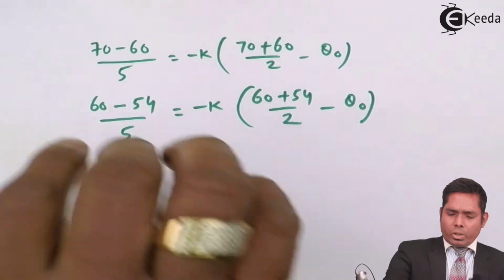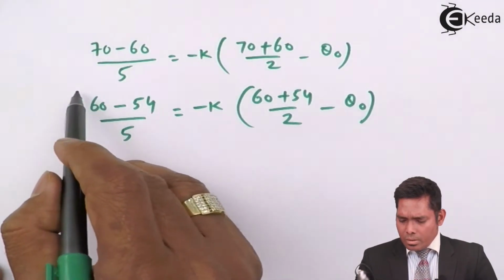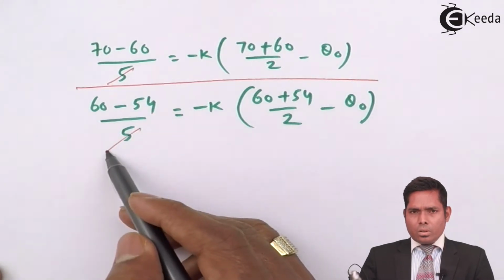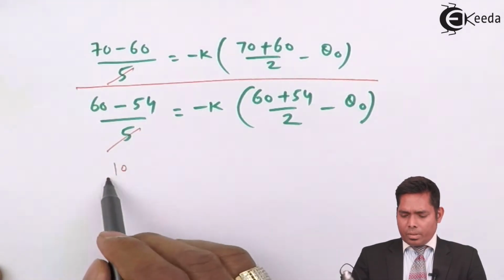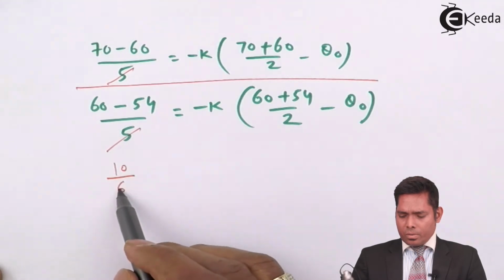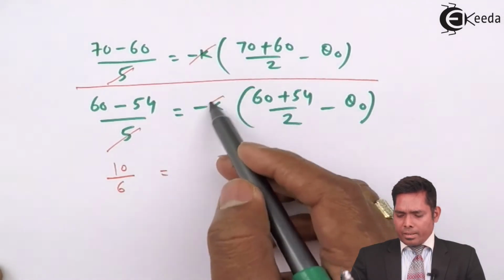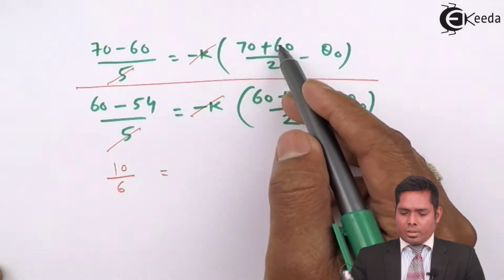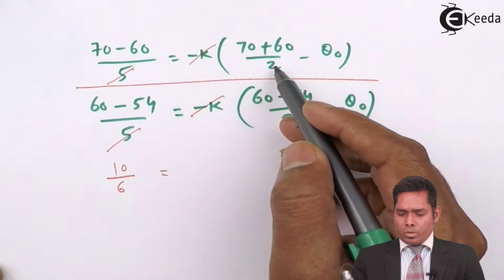If I divide these two equations, this 5 will cancel out. From here it is 10, from here it is 6. This minus will cancel. This will become 130 by 2, which is 65.